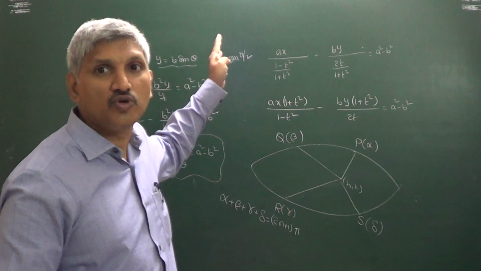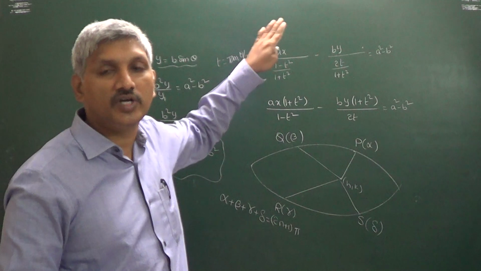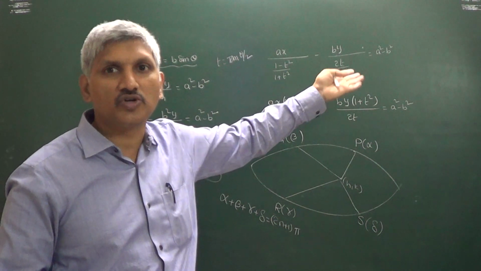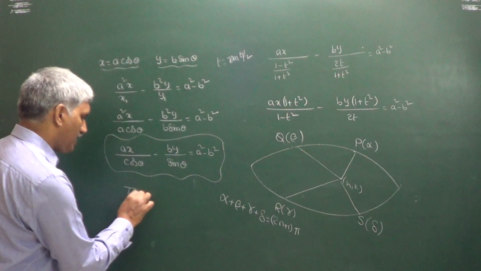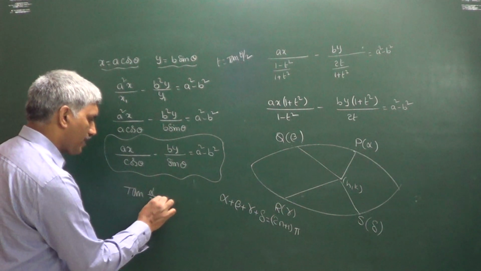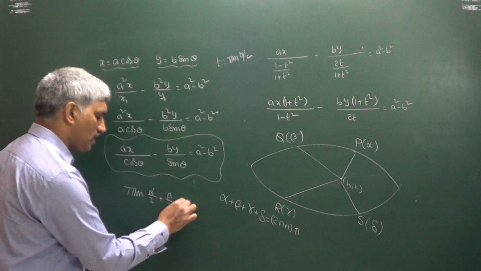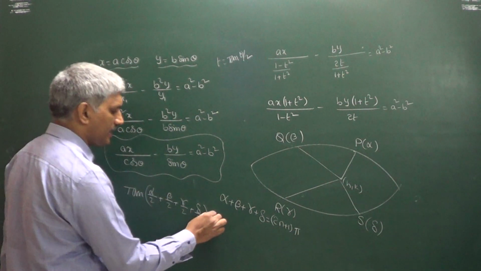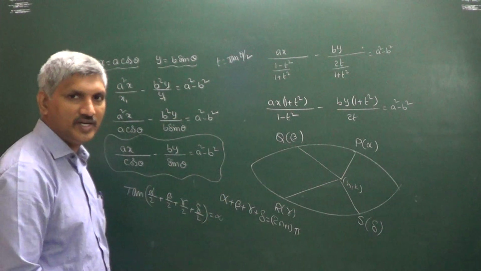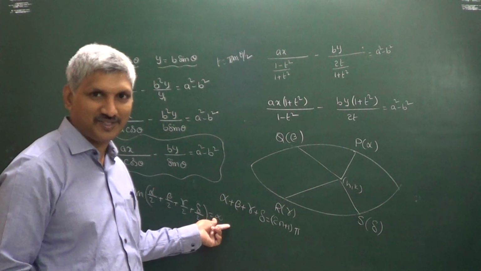Tan of (alpha by 2 plus beta by 2 plus gamma by 2 plus delta by 2), the value we will find out, you will get infinity. So that means whenever tan of that sum is tending to infinity, it is odd multiples of pi by 2.